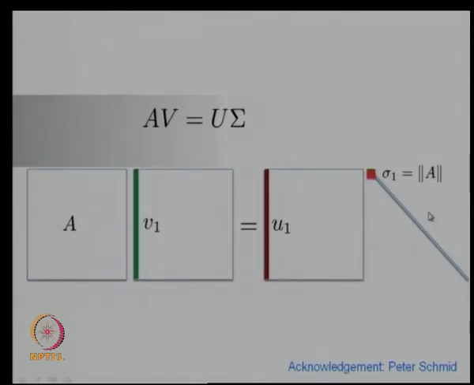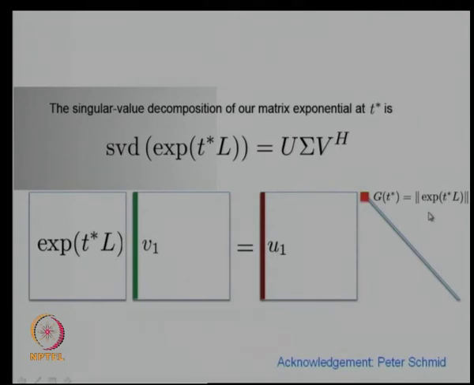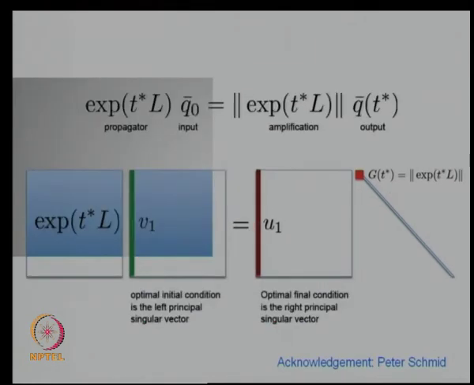And this line actually means this is the one which is non-negative and everything else is 0 in this matrix.